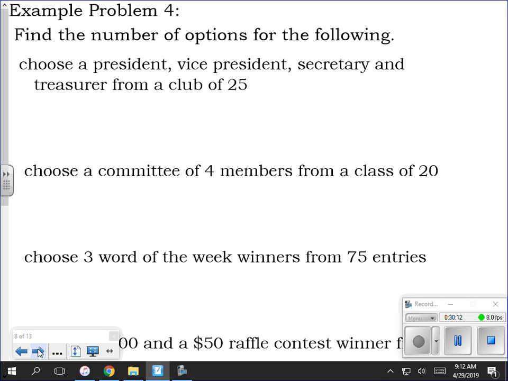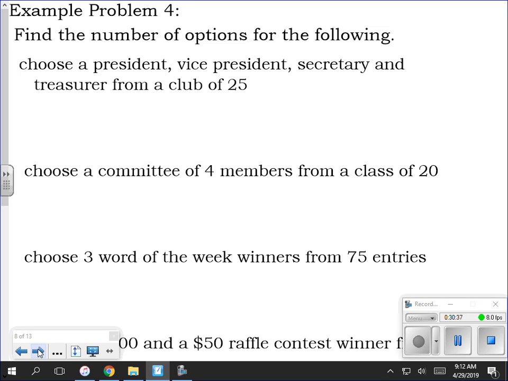If I have 25 people, and I'm picking a president, a vice president, and a secretary and a treasurer, 4 positions, let's say I'm doing it randomly, putting everybody's name in a bag. Does it matter whose name comes first? Yes, because the president's duties are assumably different than the duties of the vice president, treasurer, and secretary, right?